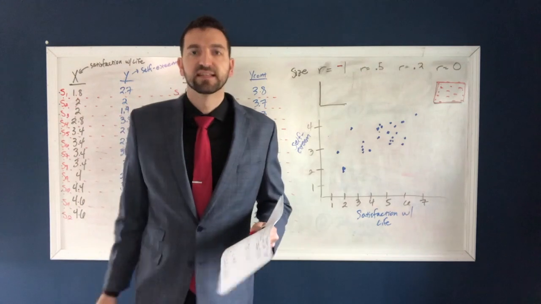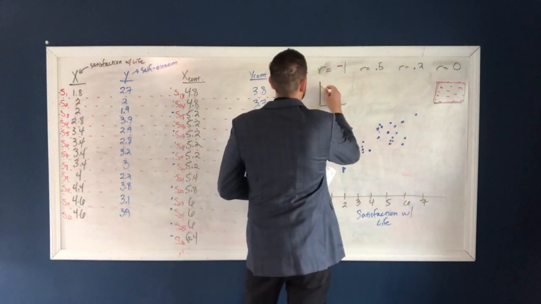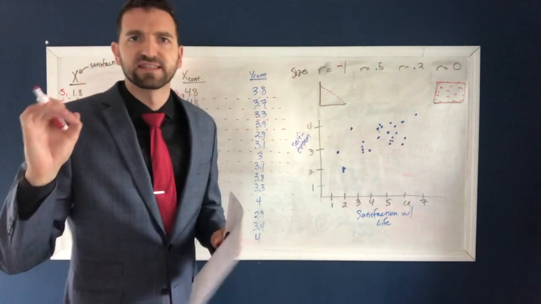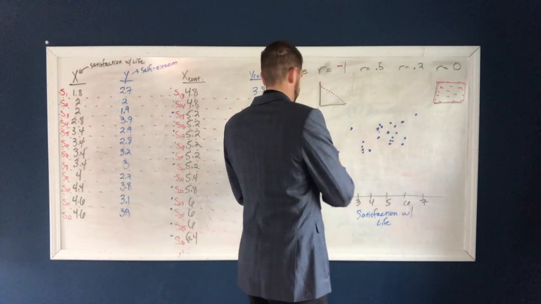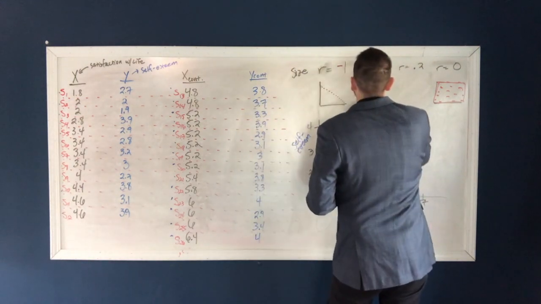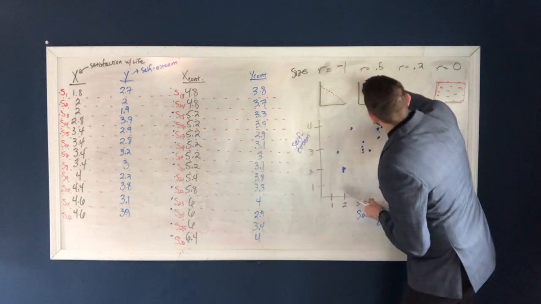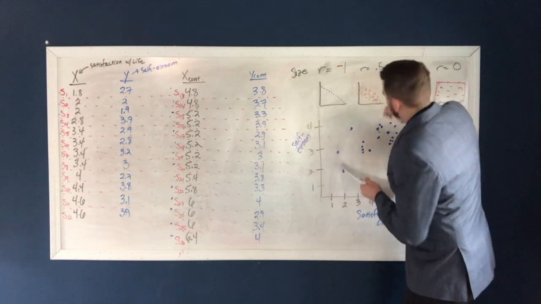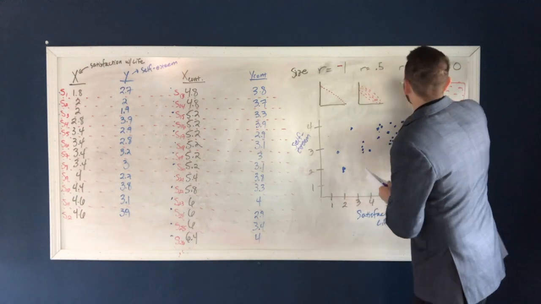A perfect negative relationship is -1. Notice how the line is just slanted in the opposite direction, and it's going to be on an imaginary line that's pretty straight. At 0.5, again, it's going to deviate from that imaginary line. At 0.2, it's going to deviate even more.